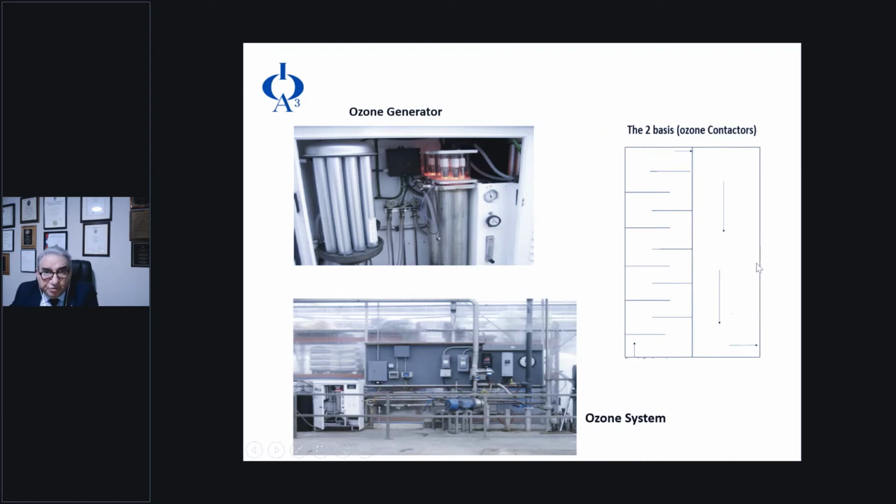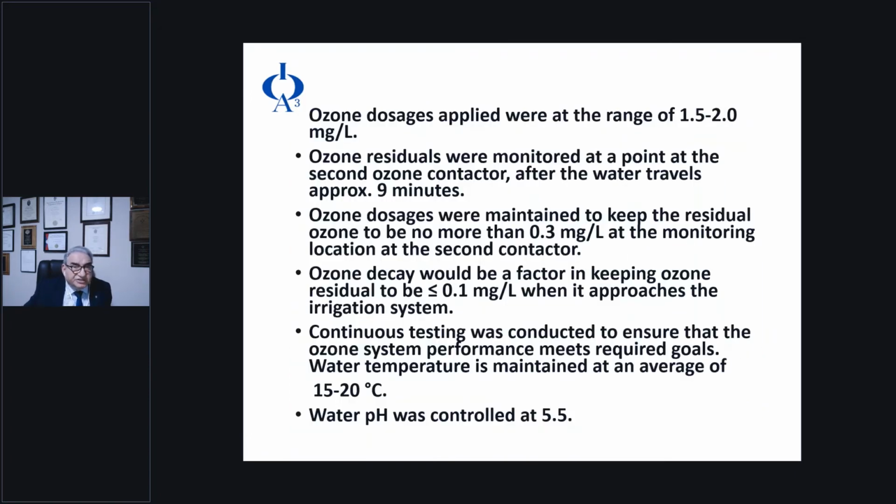And these are the 2 basins, and you see the baffles, and we monitor the ozone in that area because you don't want a higher concentration of ozone to go into the irrigation system. The dosages on average were between 1.5 and 2 milligrams per liter. Residual was monitored at the second ozone contact, with approximately 9 minutes of flow time when the water and ozone enter the system.